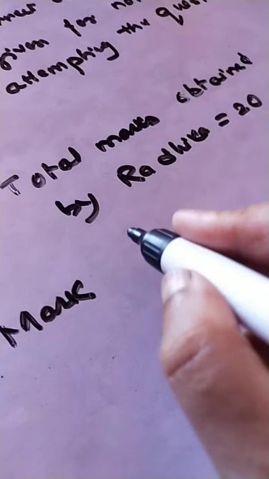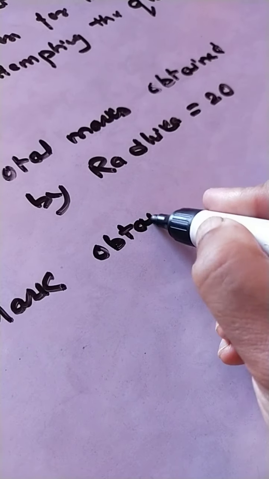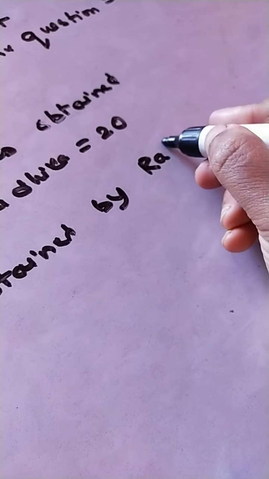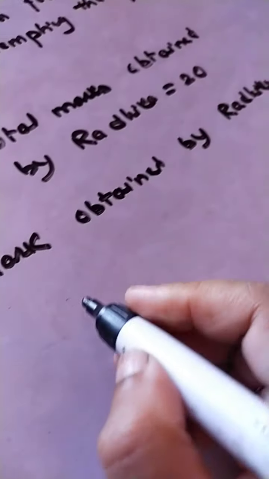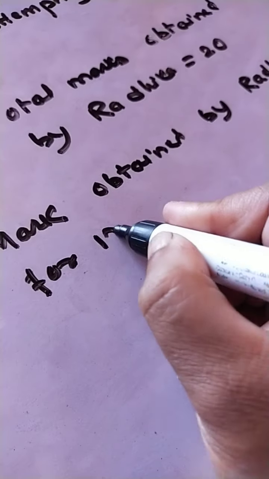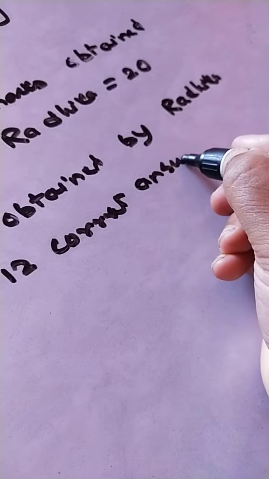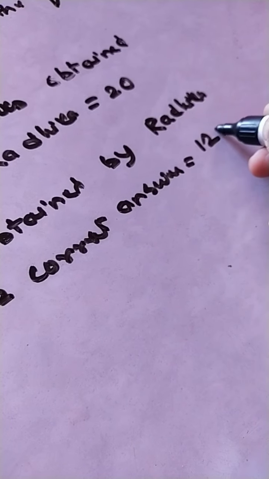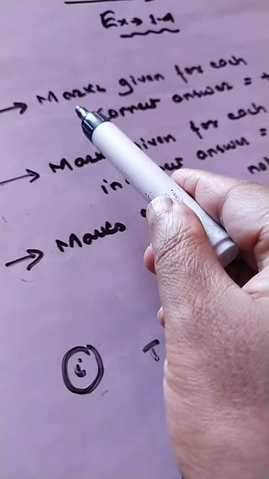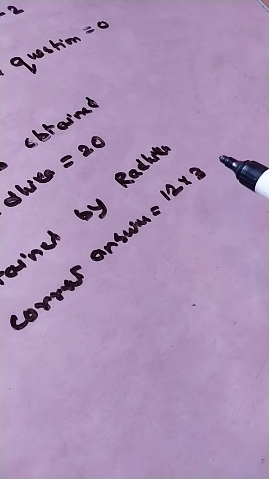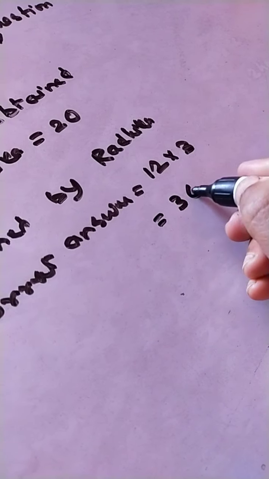Marks obtained by Radhika for 12 correct answers would be 12 into 3, because for each correct answer one will score +3. So that is 36. Now marks obtained by Radhika for correct answers is 36.